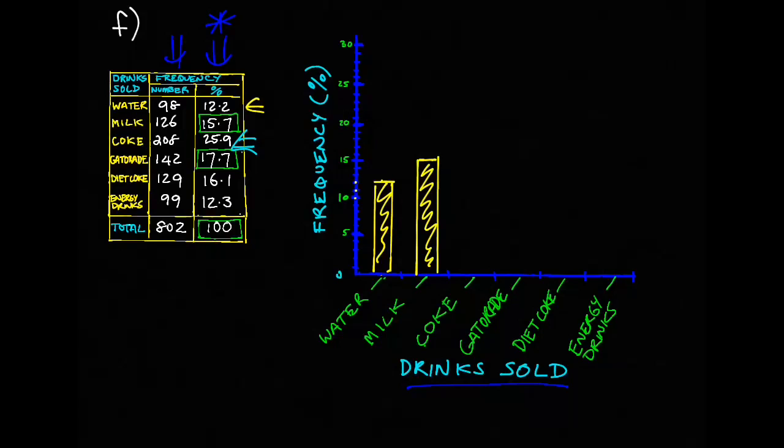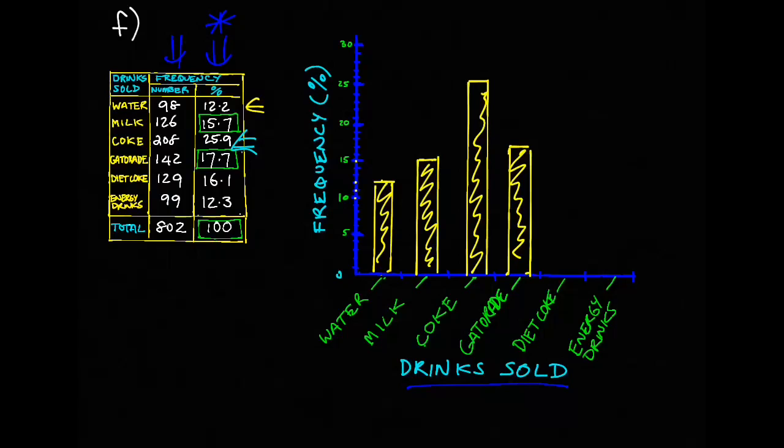So we go ahead and draw our column for the variable of milk. Now looking at Coke, we've got 25.9. So 25 is here, 26 is there, just under 26. Now for Gatorade, 17.7. So 15, 16, 17, and this is 18, so we're just a little bit below 18. So go ahead and draw your column in for that value.